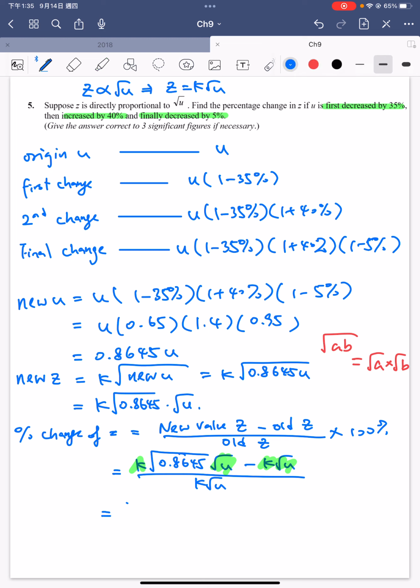So we can take that out, k square root u, and then we have the square root of 0.8645 minus 1, divided by k square root u. Which means we can eliminate both of them on the numerator and the denominator. Then the final answer should be equal to minus 7.00%.